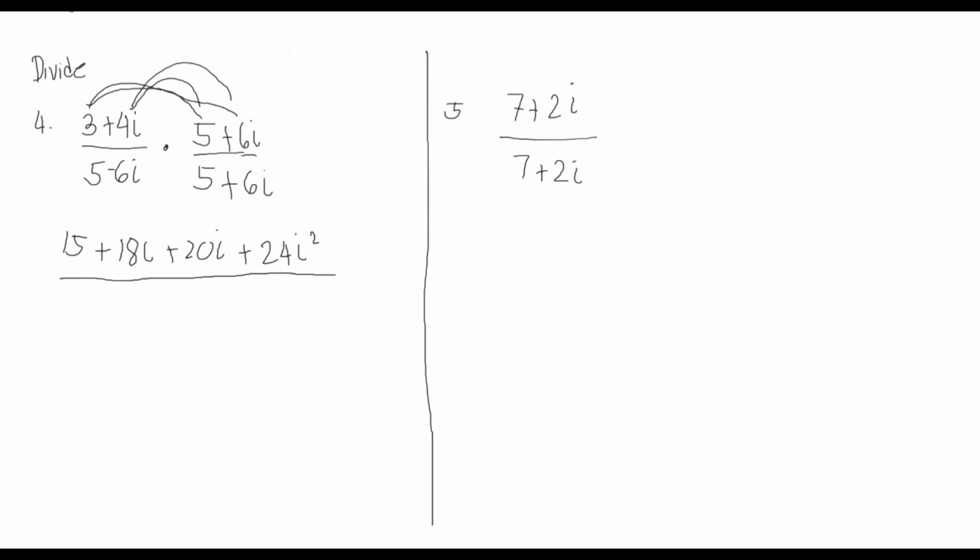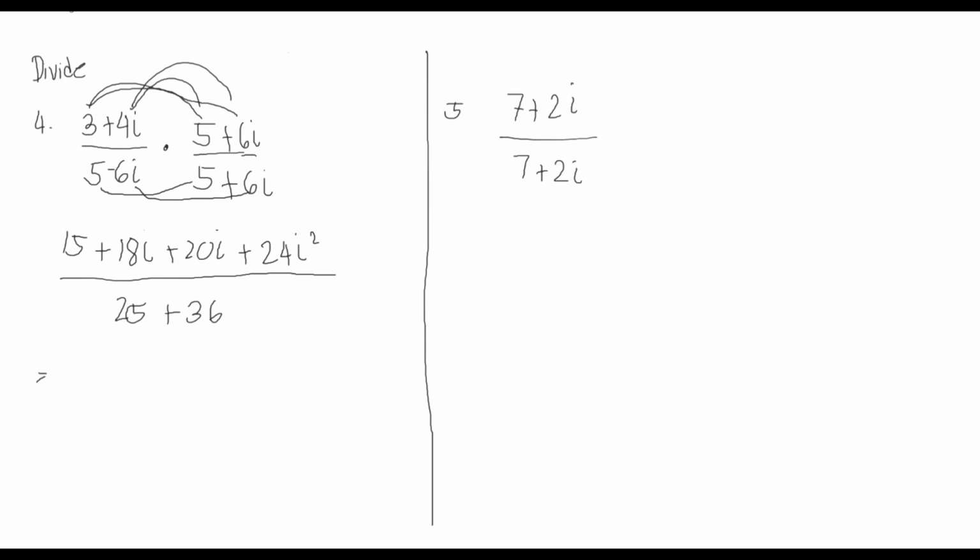Over. Sa denominator naman, since we are dealing with complex conjugate, you just multiply the first term multiplied by the first term, that's 25. Last term multiplied by the last term, that is 36. Tapos i-add mo lang sila. Kapag complex conjugate, you just multiply the first term and multiply the last term. Tapos pag-addin mo yung result ng dalawa.